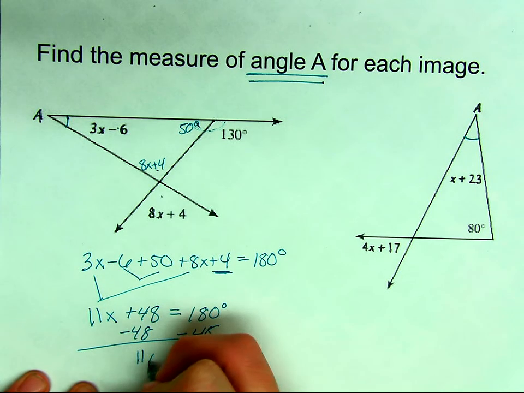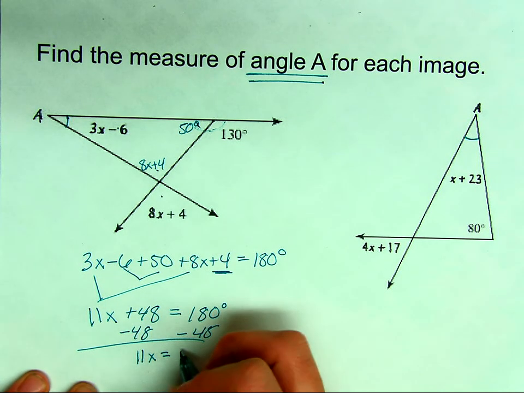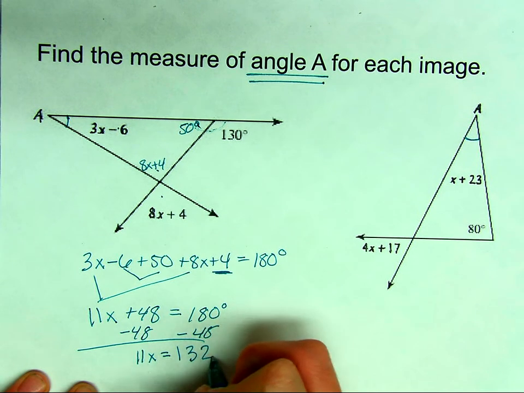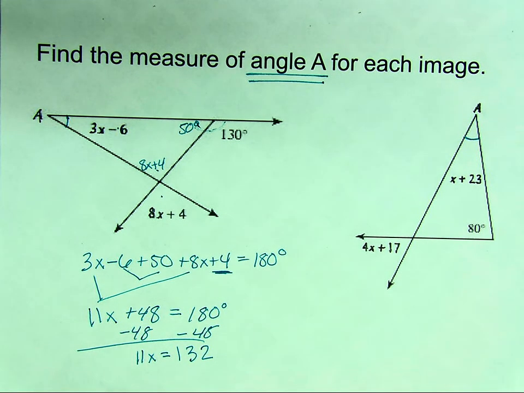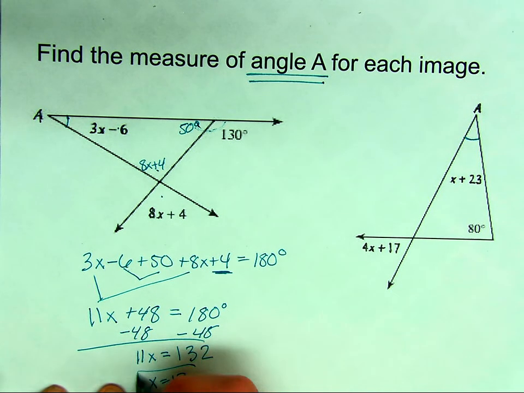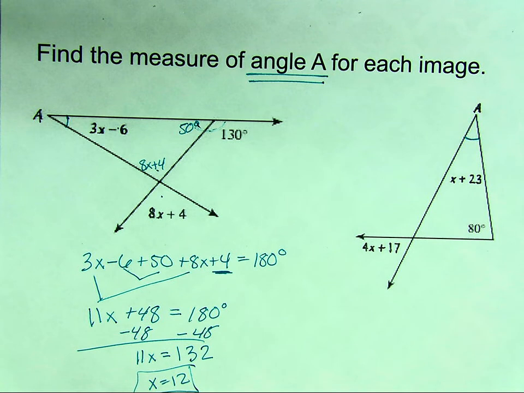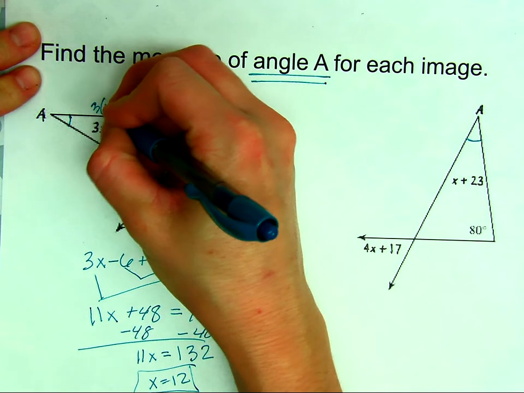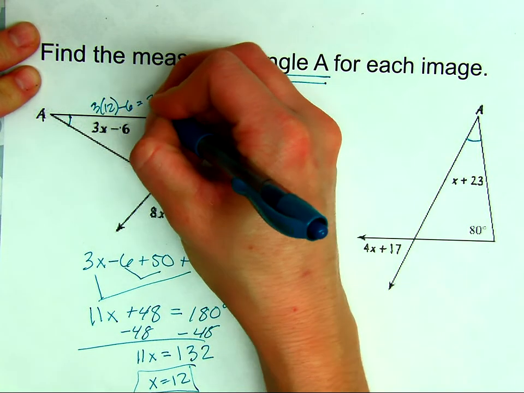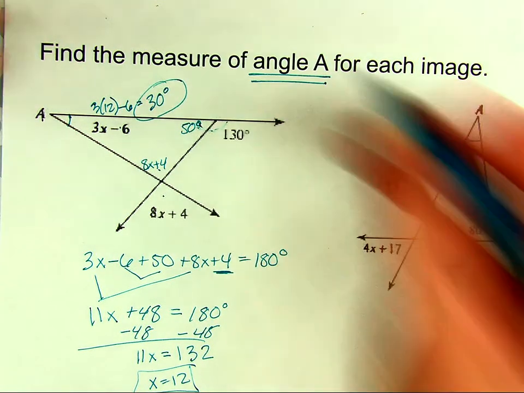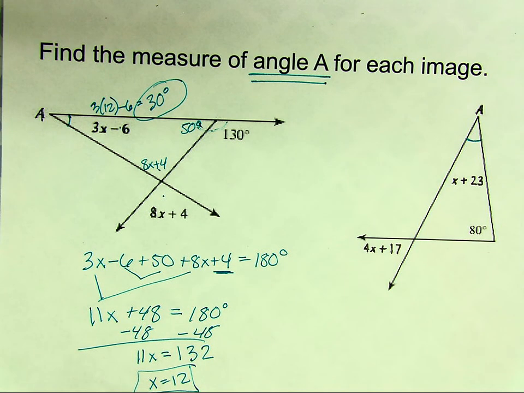So 11x is equal to 132. Divide 132 by 11. And I get x is equal to 12. So remember, our main goal is to find the measure of angle A. So when you plug 12 in for x, it tells us the measure of angle A is 30 degrees.